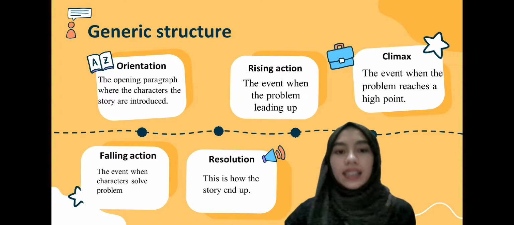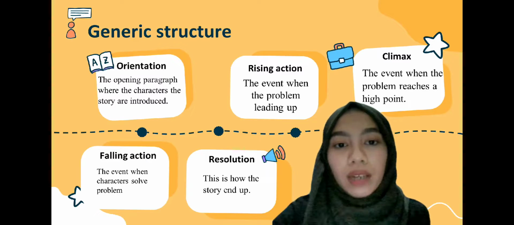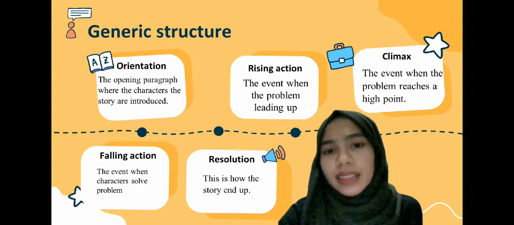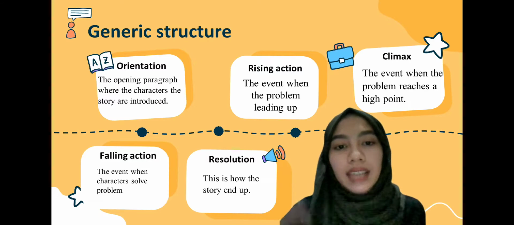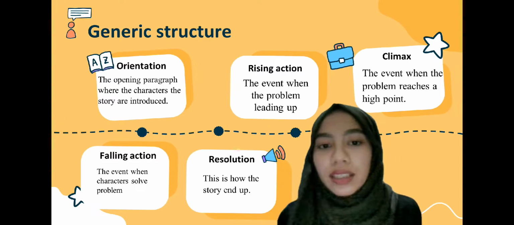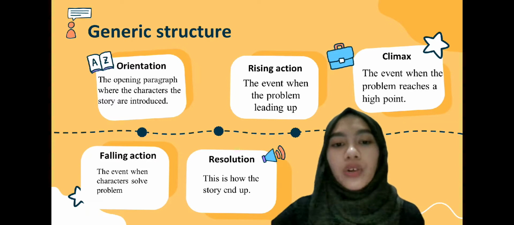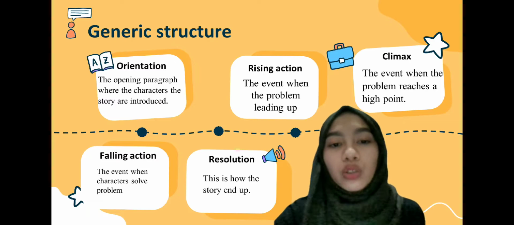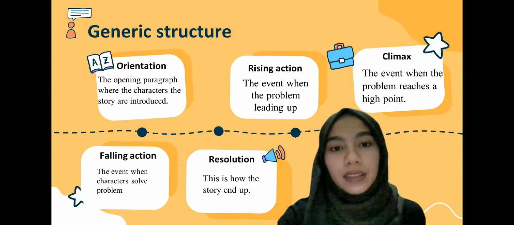And next, rising action. So rising action is the event when the problem leads up. The rising action of a story is the section of the plot leading up to the climax, in which the tension stemming from the story's central conflict grows through successive plot developments.